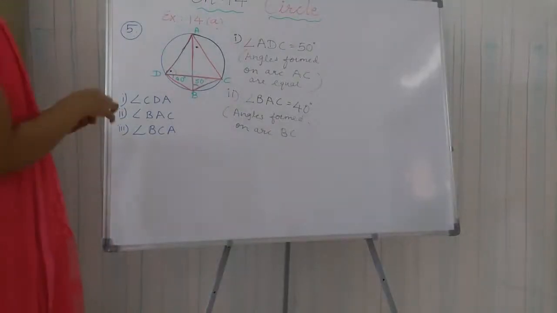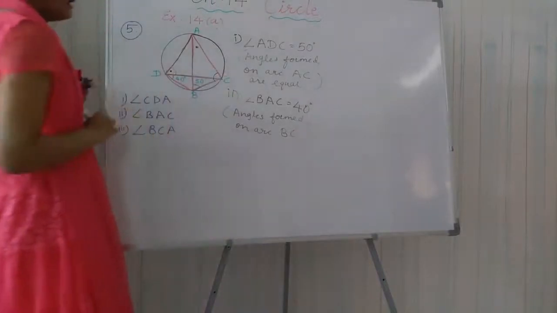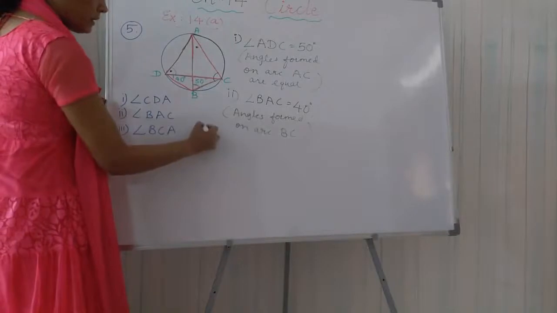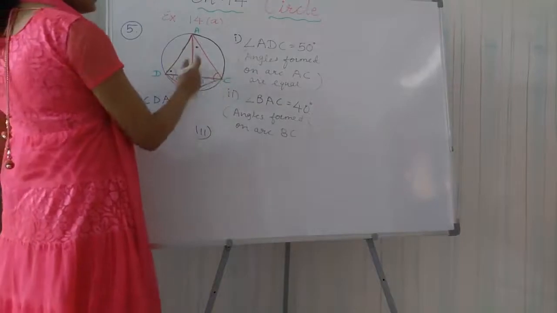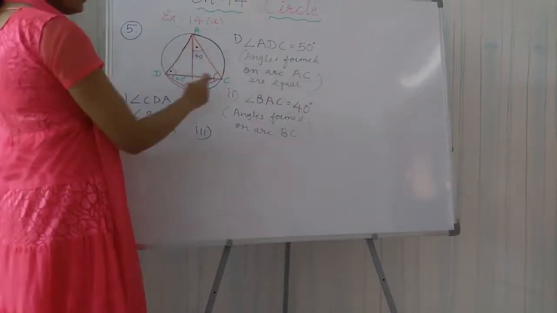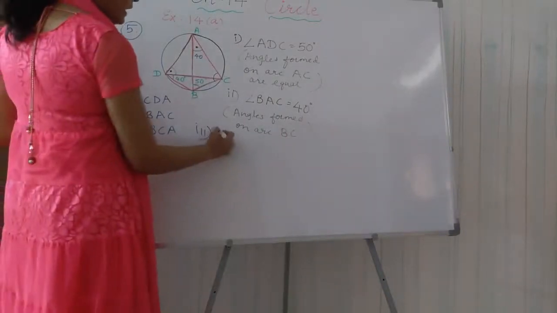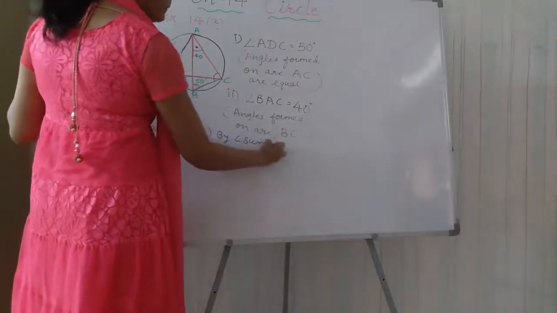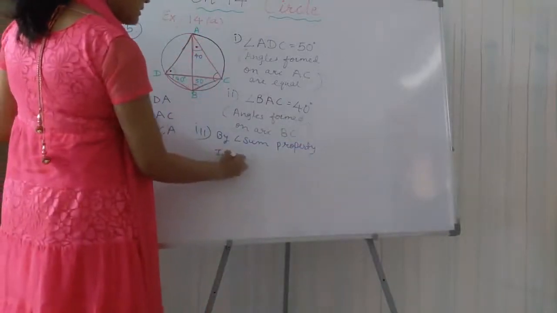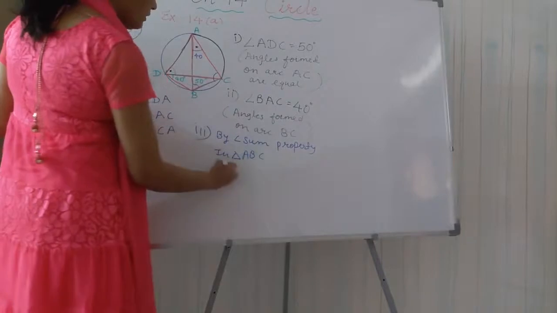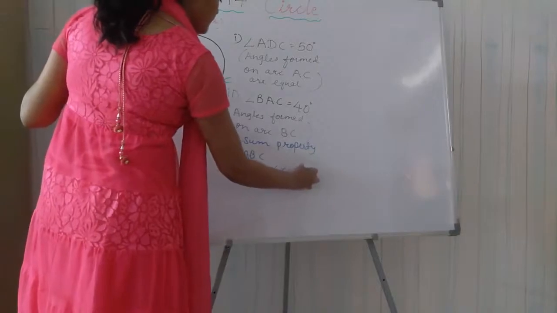Then third is BCA. BCA means this angle we want. So for that students, the third part, you see in triangle ABC, this is 50 degrees. Then BAC also found here is 40 degrees. So now this third angle we can find using the angle sum property. So writing by angle sum property, in triangle ABC, angle A plus angle B plus angle C is 180 degrees.